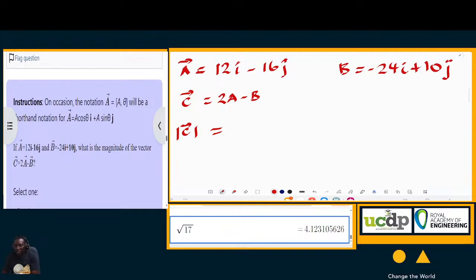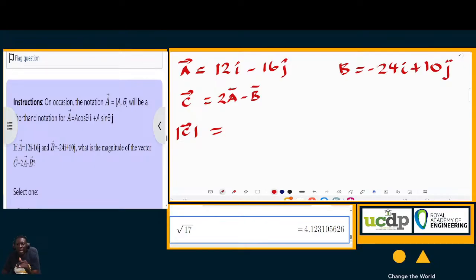Right. So we need to do an operation which will consider twice the value of vector A minus the value of vector B. So it should be twice vector A minus vector B. And when we make this operation, we operate on the I components alone and the J components alone.